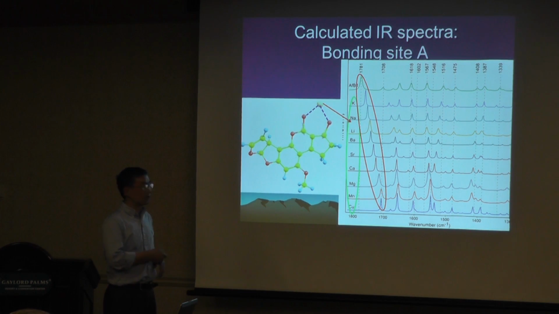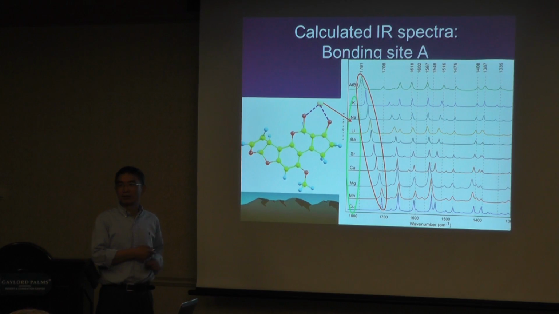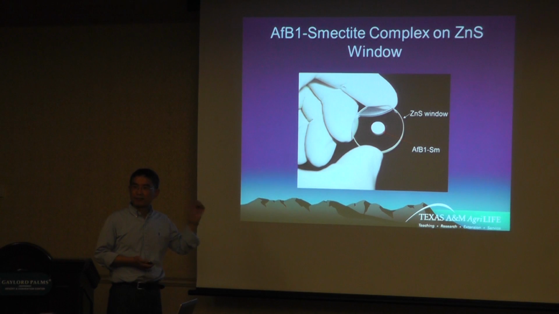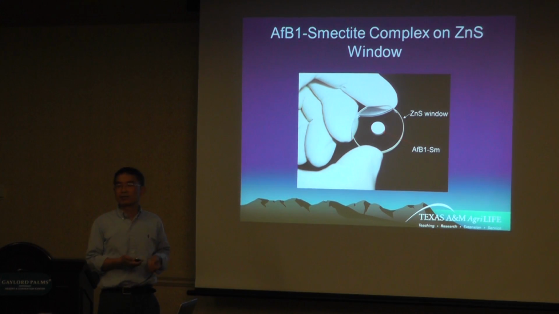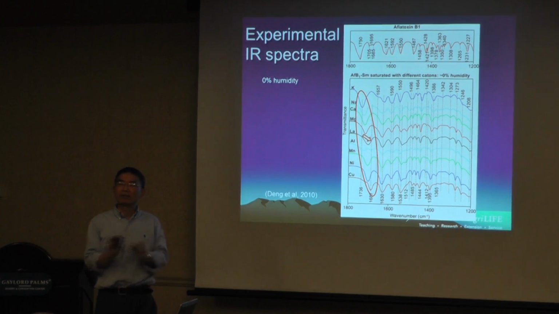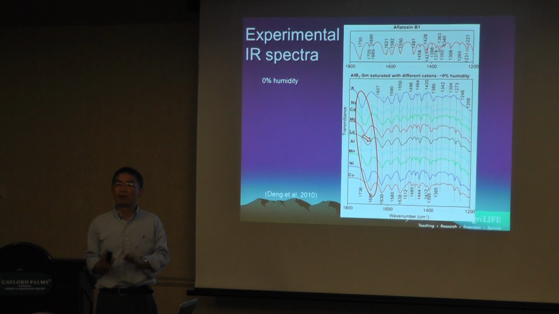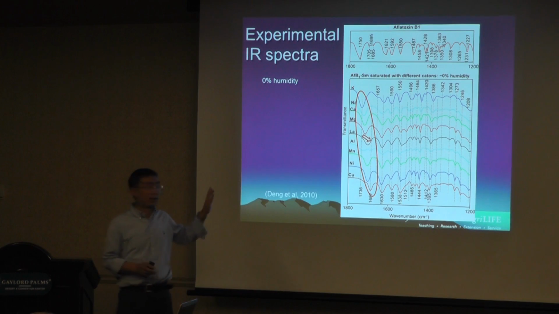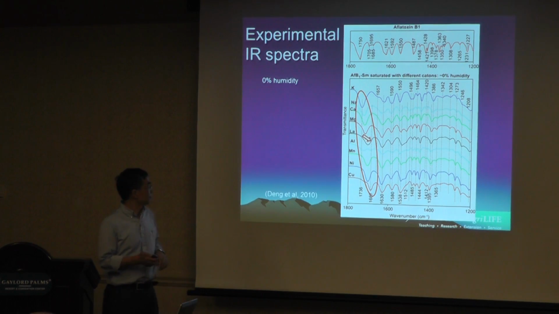We can see those bond shifts, these theoretical values based on computational chemistry. We also have some experimental data with different smectites and aflatoxin, and then monitor the infrared band shifts. Those are experimental data. The experimental data match the theoretical calculation very well, so it supports our bonding mechanism there.